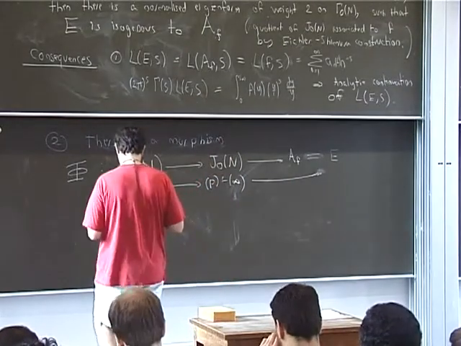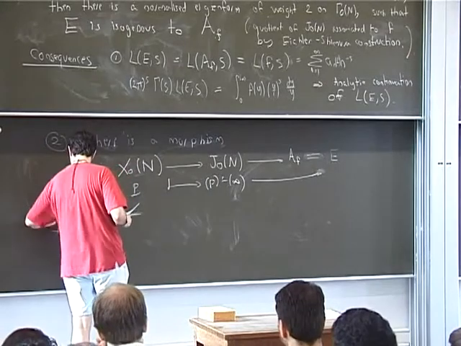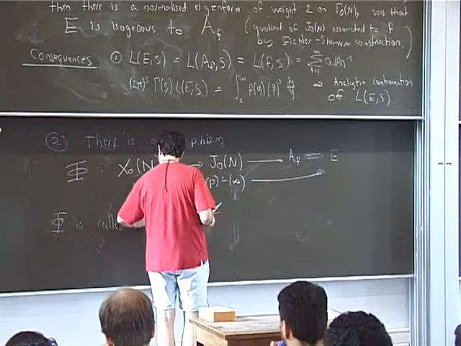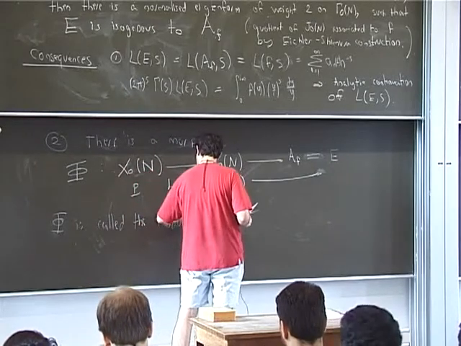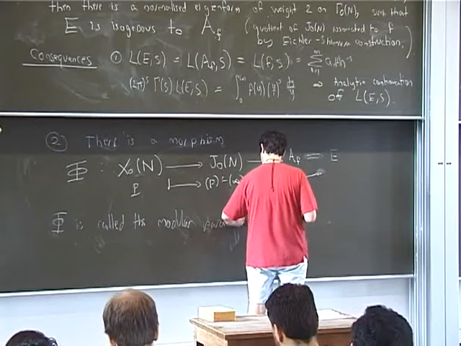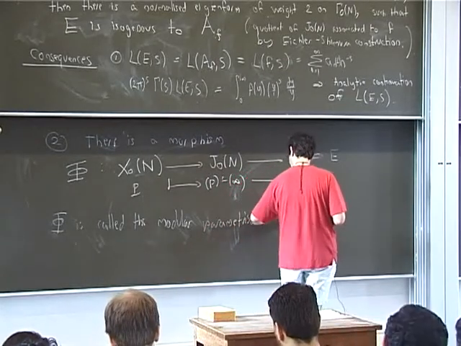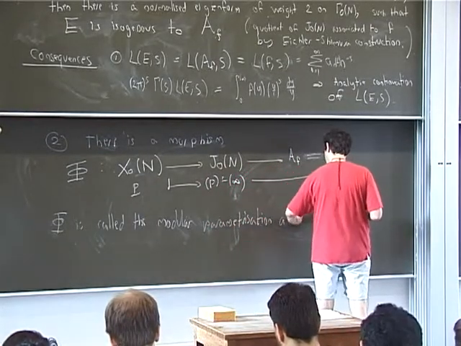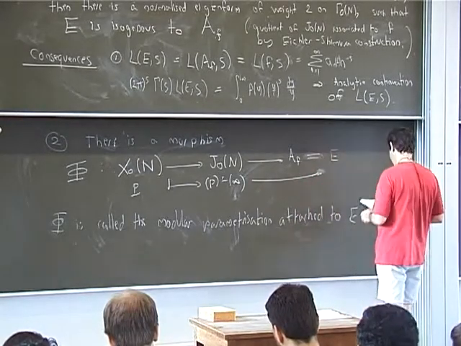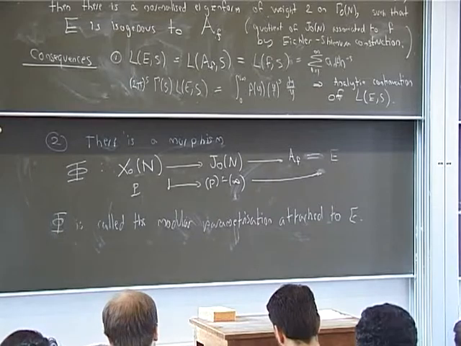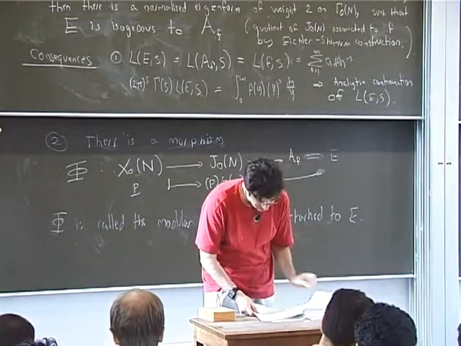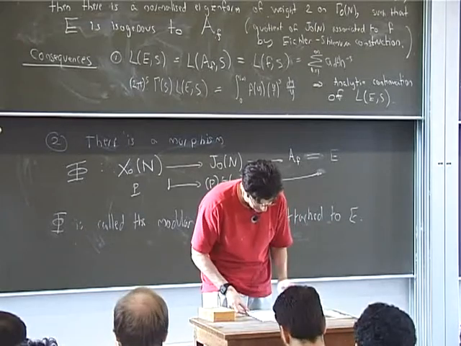And so this Phi is called the modular parametrization attached to E.